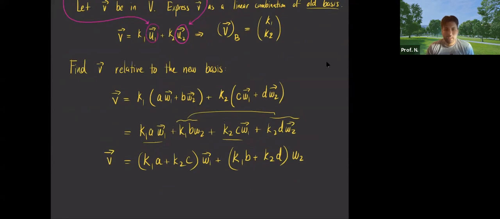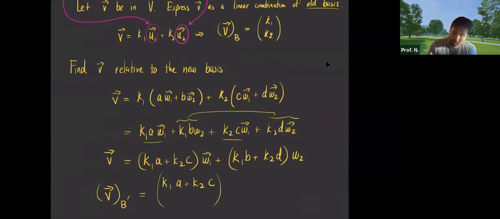Right? And so then what is V with respect to the new basis? This becomes K1 A plus K2 C, and this becomes K1 B plus K2 D.